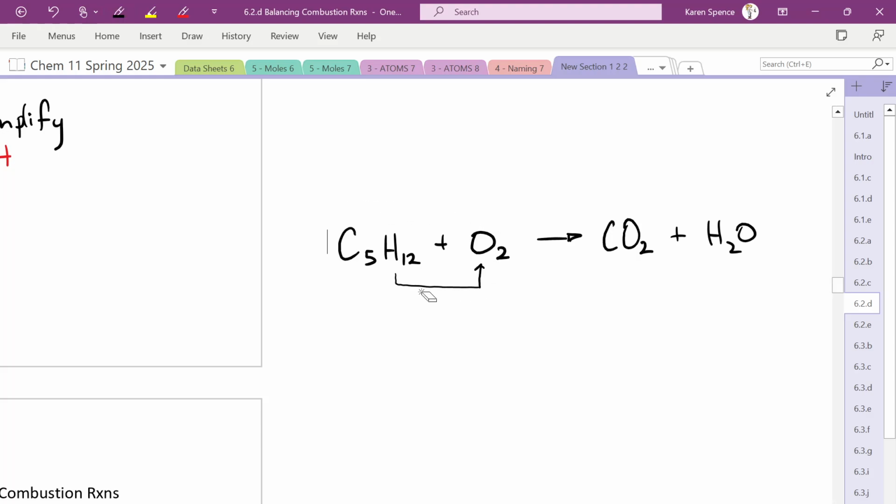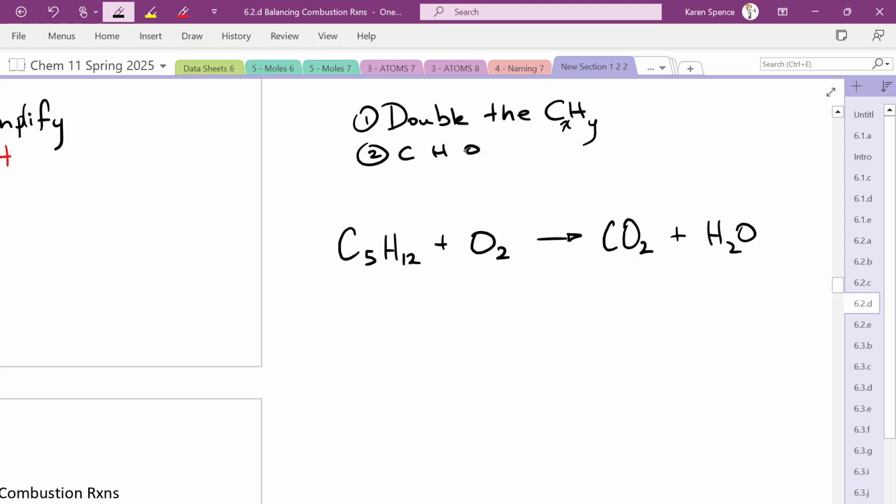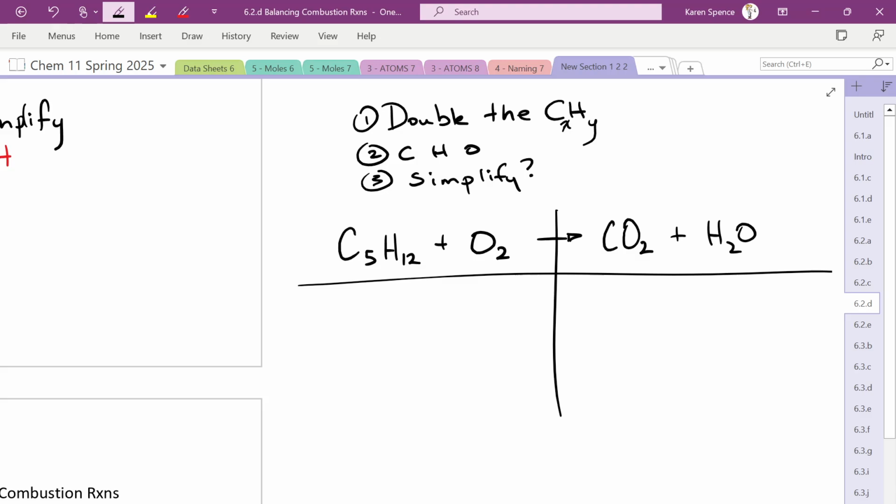All right. Let's try this one with our double, the hydrocarbon. I got carbon, hydrogen, oxygen.